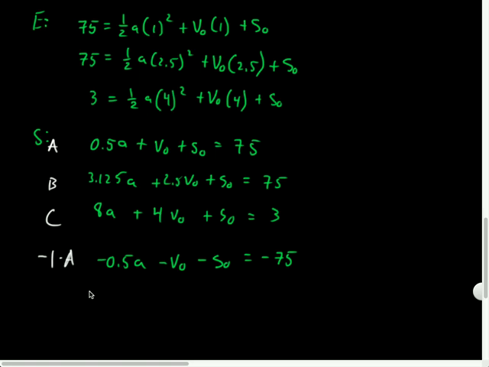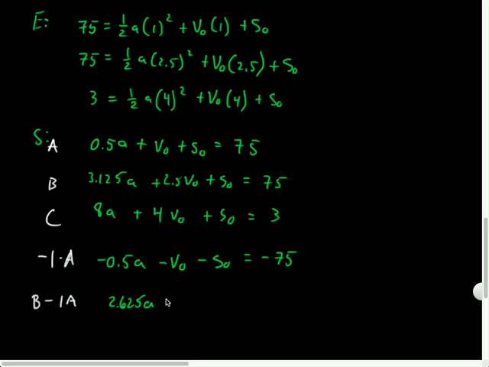So let's see. Then I'll have B minus 1a. So to do that, I'll have 3.125 a's minus 0.5a. So what's that going to be? 2.625? Did I do that right? I'm doing this minus that. 2.625.